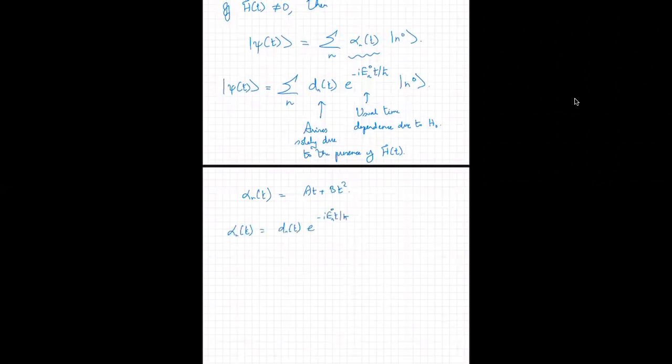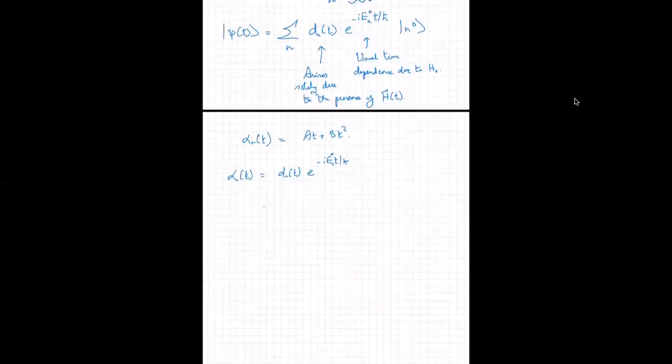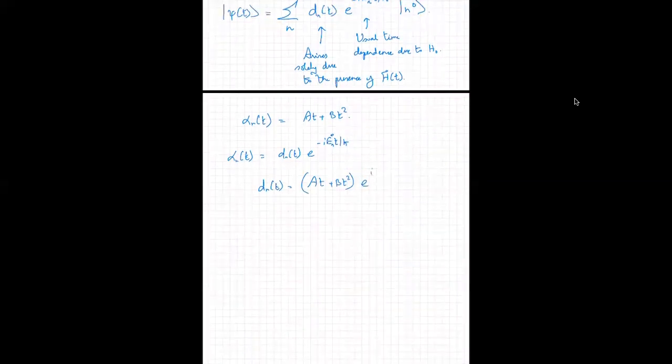So if I solve for dn of t, I will get dn of t equals at plus bt square times e to the i En0 t over h bar. This is how I should typically get it. If I substitute this value of dn of t over here, you would actually see that the exponential cancels and you get at plus bt square. So it is just a multiplicative function, right? So I can always write one in terms of the other.